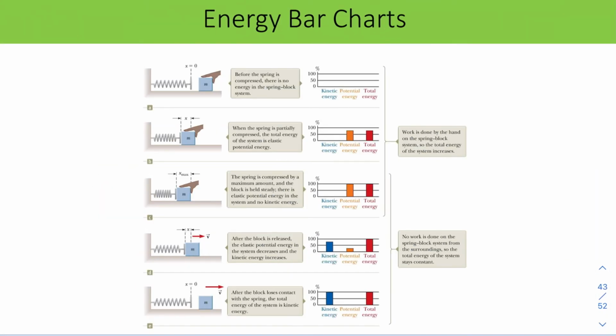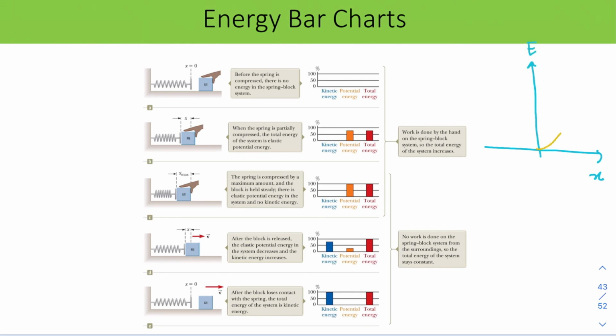Okay, from the energy bar chart here, we also can transform the information into a graph of potential energy and also kinetic energy. This is position, and here we have energy.